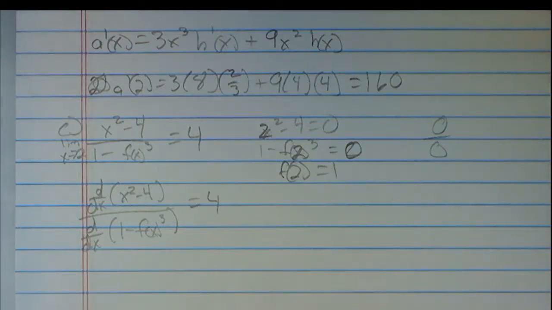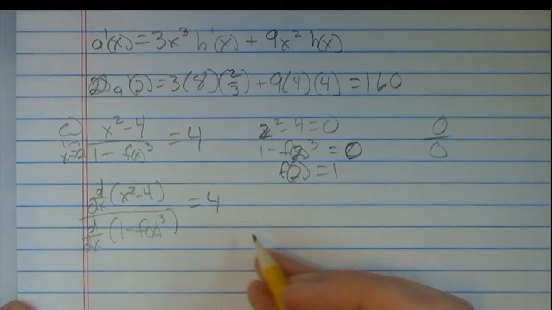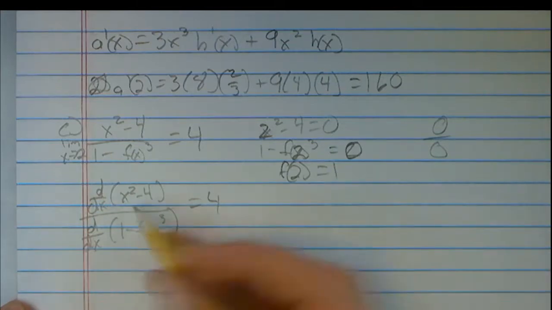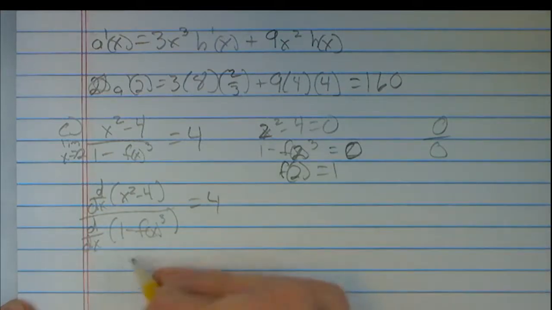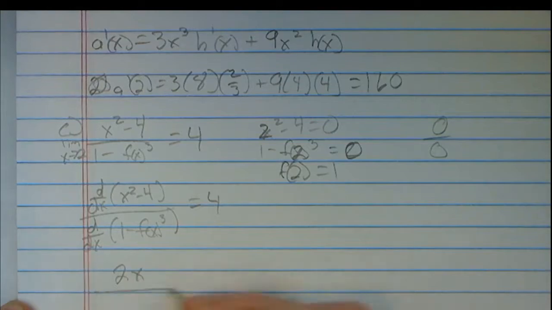And so let's find these derivatives. The derivative of this is going to be 2x. The derivative of this will be negative 3 f of x squared times f prime of x.